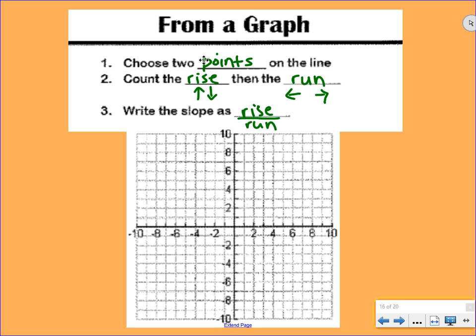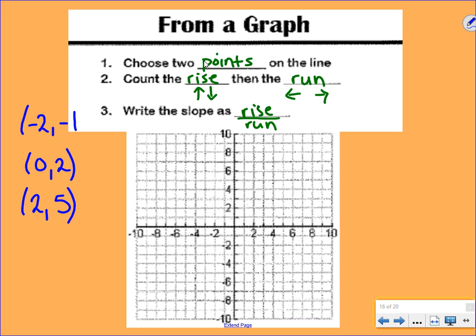So for this line, we're going to plot the coordinates (0, 2), (2, 5), (-2, -1), and (4, 8).